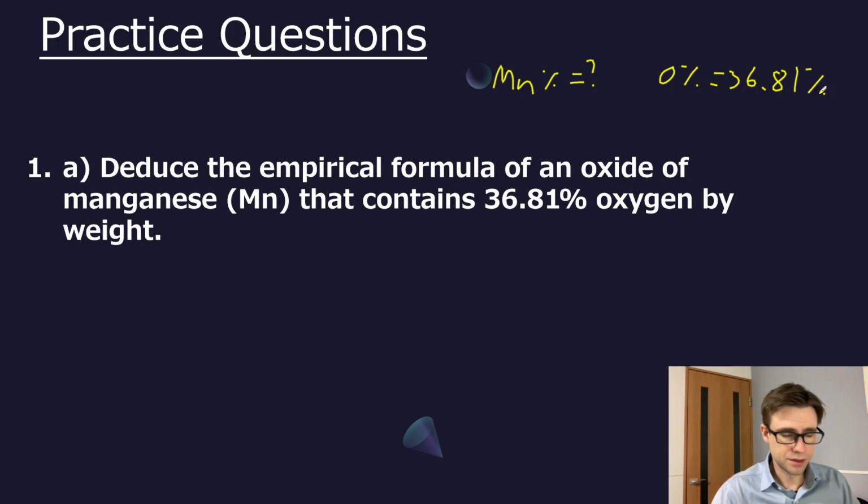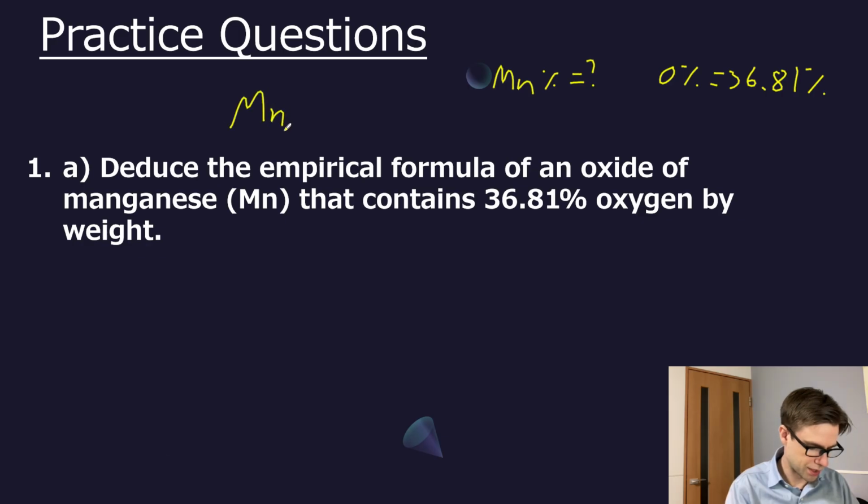But this just says it's an oxide of manganese, so you can read that and sort of assume that oxygen and manganese are the only things in this formula. So without realizing that, you can't really go any further on this, but if we know that these two are the only two things, we know we have some formula that's going to look like MnxOy, and we're trying to find the x and y numbers.